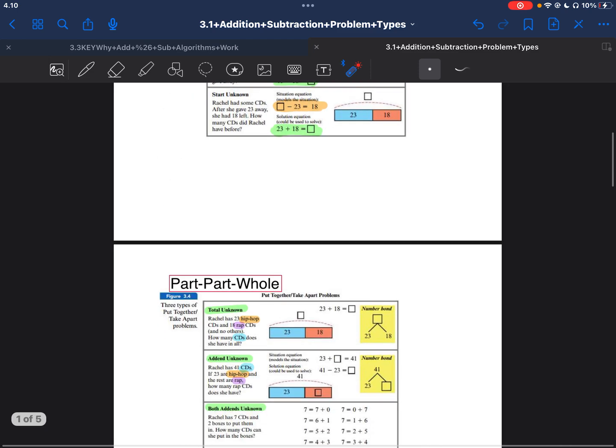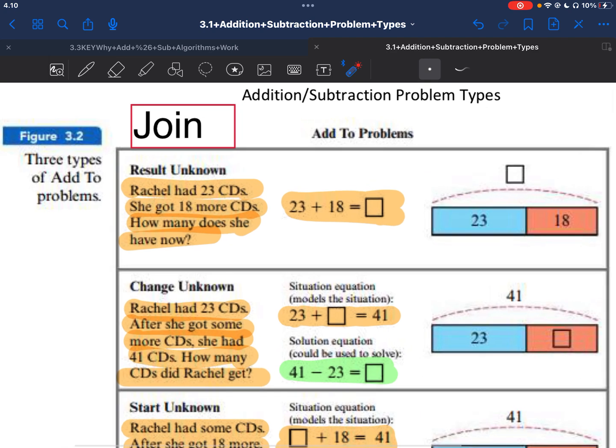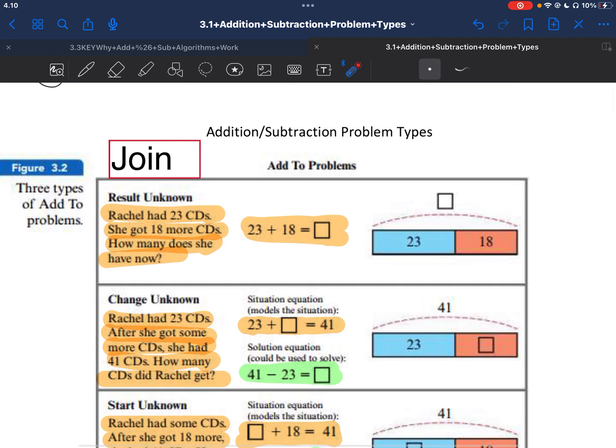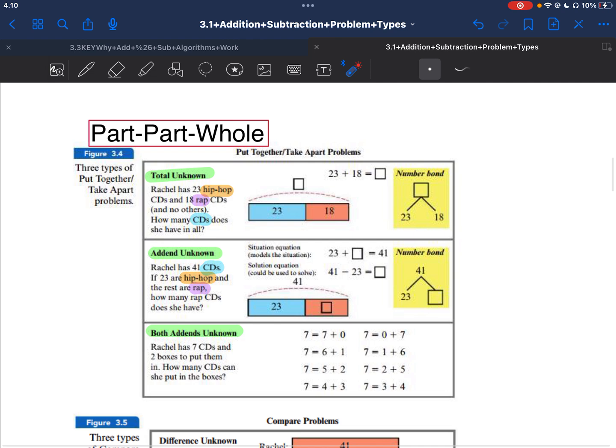Can y'all see that? So what's the difference between part whole and join result unknown? Look at the problem. This one said Rachel had 23 CDs. She got 18 more CDs. How many does she have now? For the put together take apart problems, we have two different things.